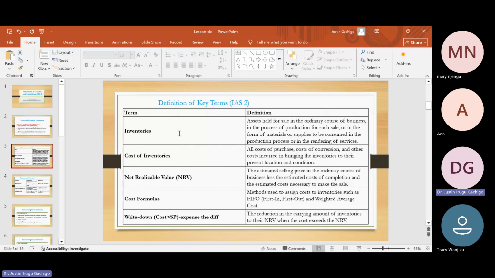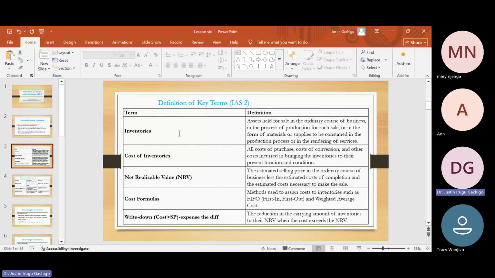Then we have the write down. This write down is the reduction in the carrying amount of inventory to the NRV when the cost exceeds the NRV. So we can have a situation when the cost is more than the selling price, and when this happens, we normally say we write down, and we look at the impairment of assets, where the asset cost exceeds the selling price.